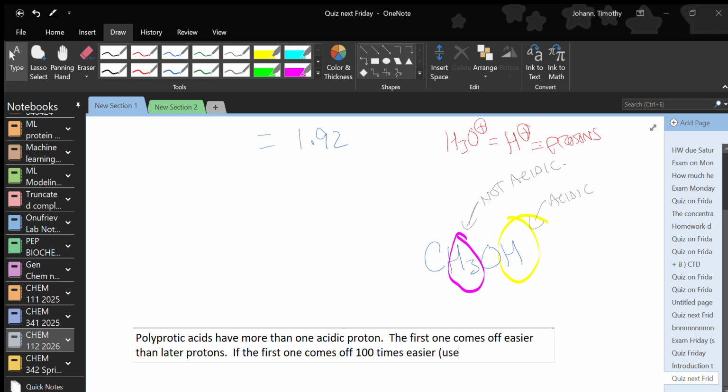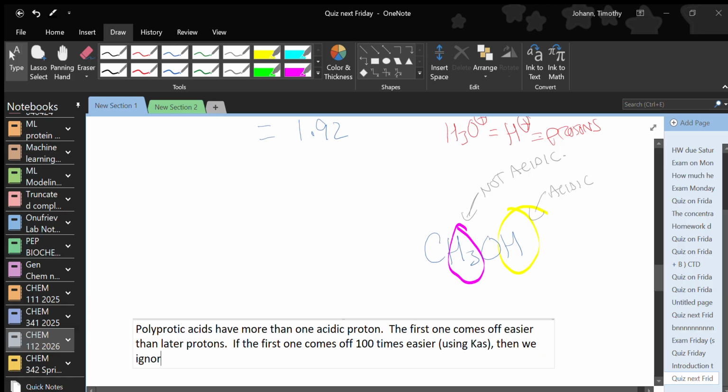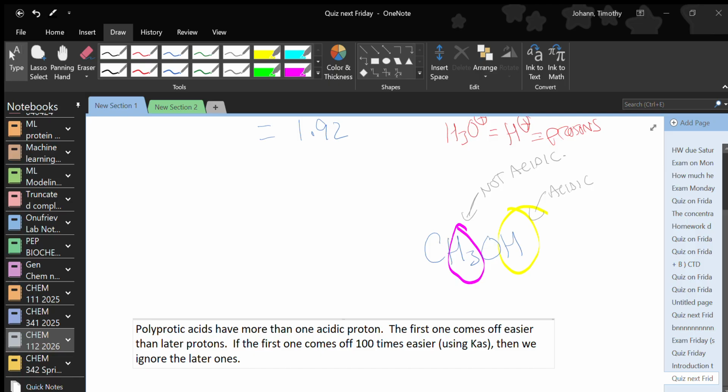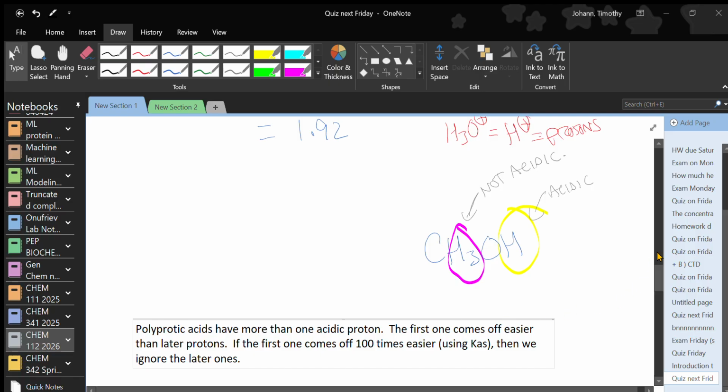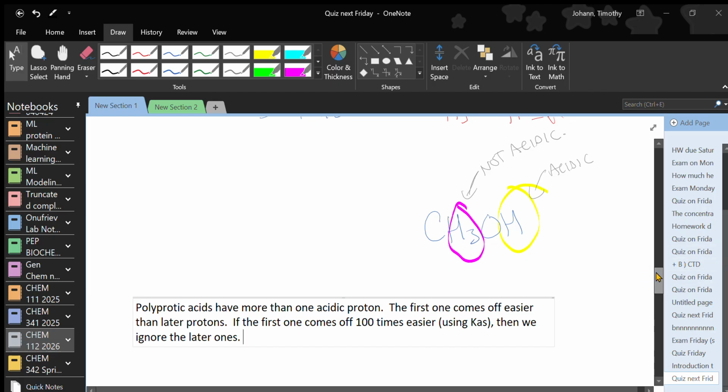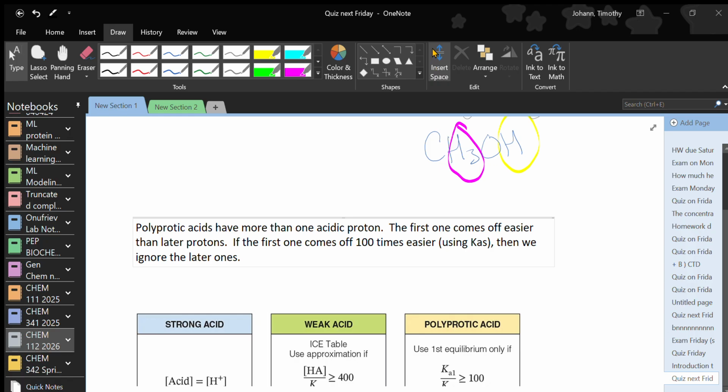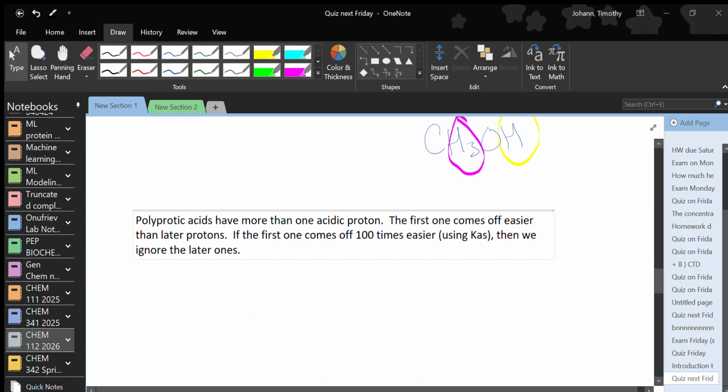So we're going to be using Kas. Then we ignore all the later ones. Essentially, very few protons come off for the later ones, and so we can just ignore it. We're going to lose it in rounding at the end.